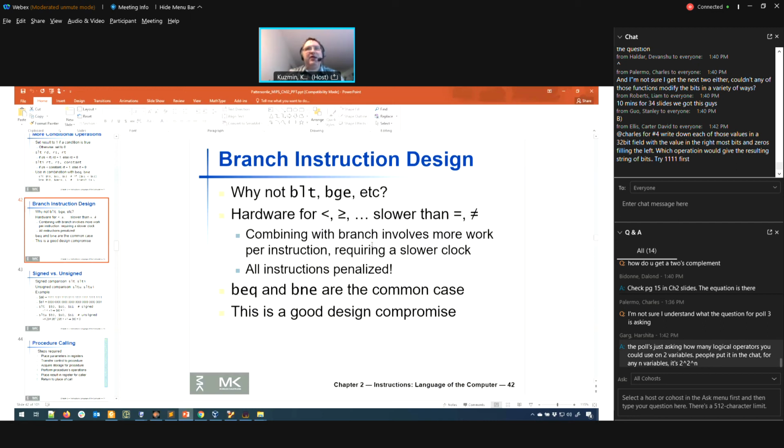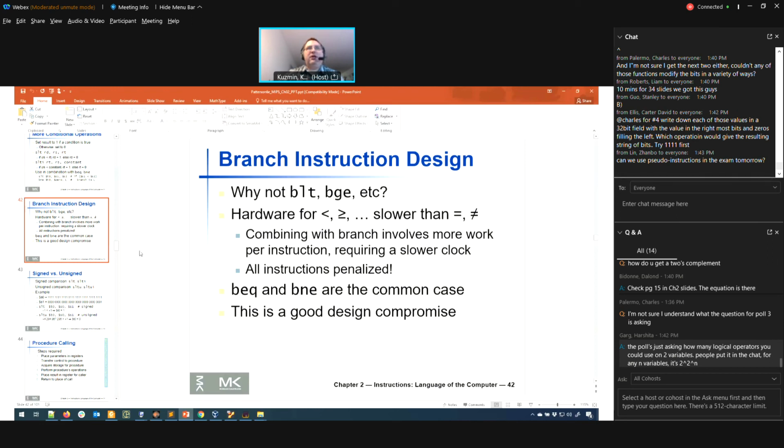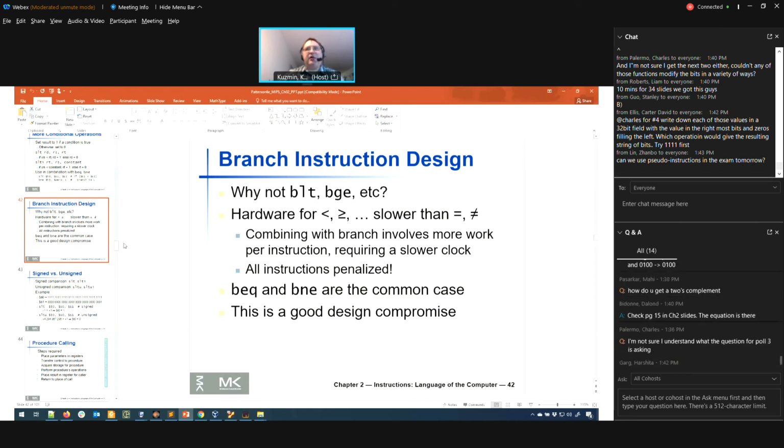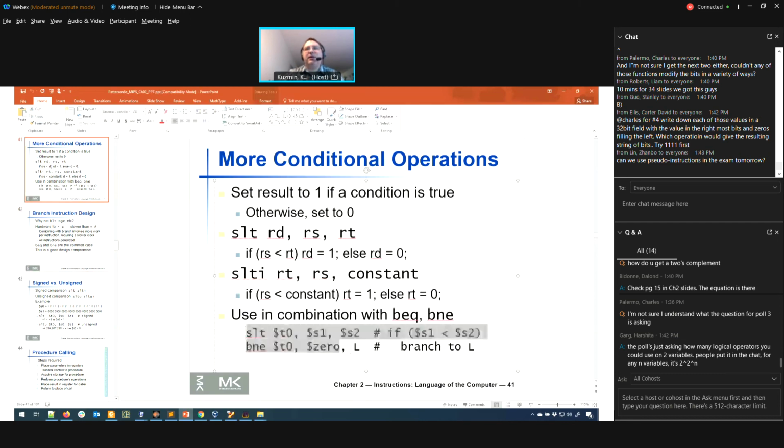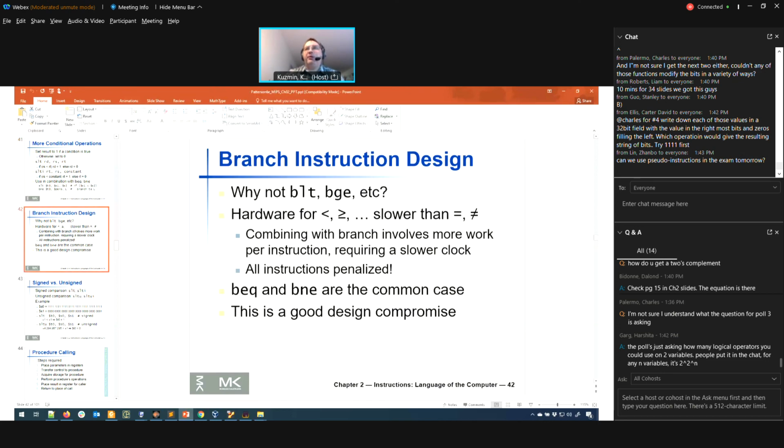For cases when we have to branch if less than or greater than or greater than or equal, it's okay to have 2 instructions, as we see in this case. It's a less common case, so it will take 2 instructions to do this, because we are trying to optimize for the most common case.